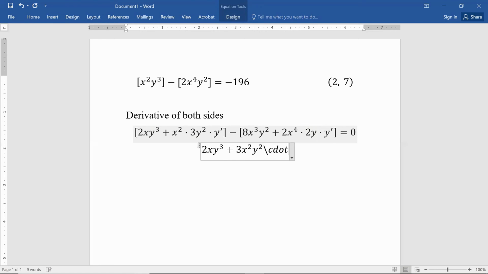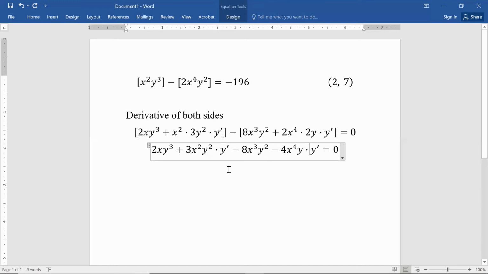Then we multiply that by y prime. Now I'm going to distribute this negative sign. So that is negative 8x to the third y squared minus 4x to the fourth y times y prime. And that's all set equal to 0.